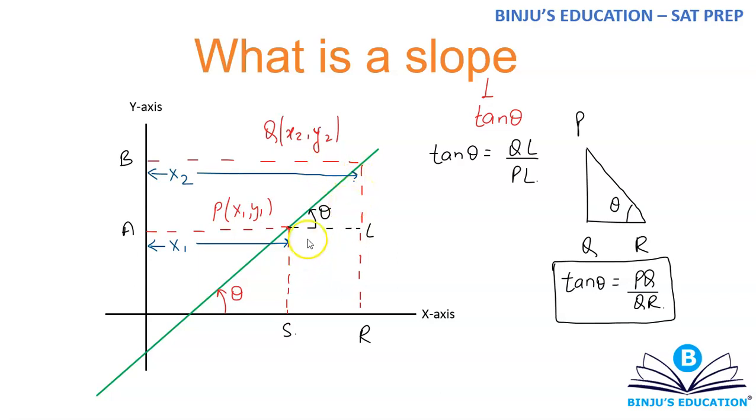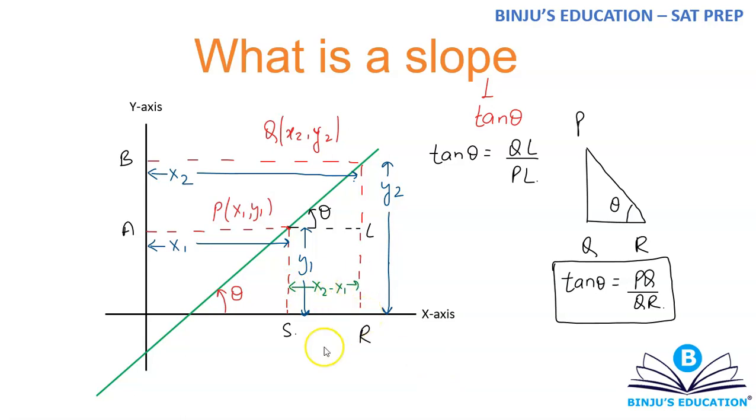Similarly, if you talk about PS, that is equal to y1, and QR is equal to y2. So BQ is x2, AP is x1, so the remaining part, which is SR, this portion will be x2 minus x1.